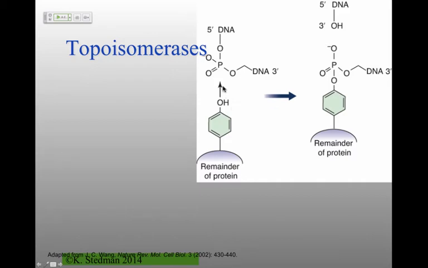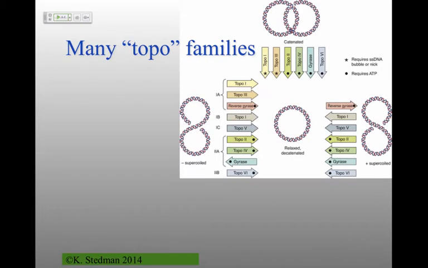So you form a phosphotyrosine here, and then this part of the DNA is released, and then you reverse that reaction at the end. These so-called tyrosine recombinases are extremely common in biology. We've actually been playing with some of them in my lab as well.